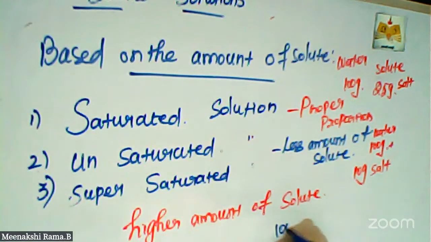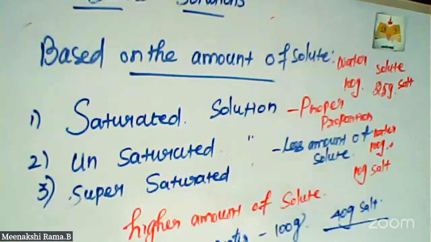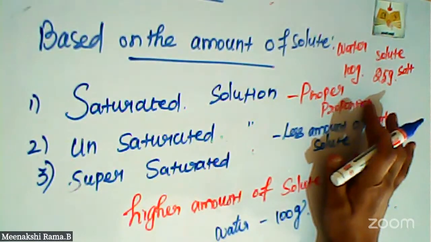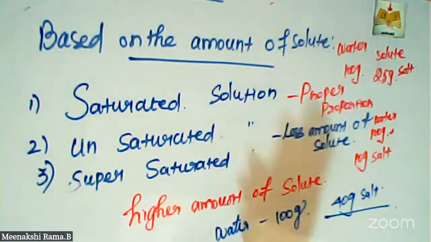Example, 100 gram of water and 40 gram of salt. So this is the higher quantity of solute. Normal saturation means how much? Only 25 gram is the normal quantity.